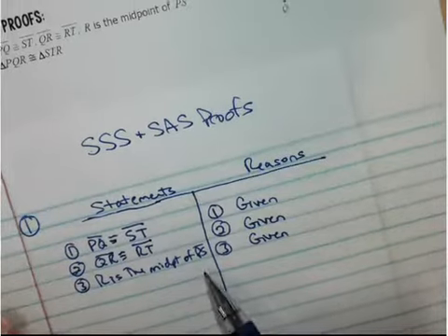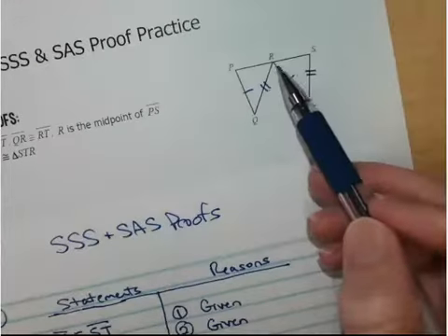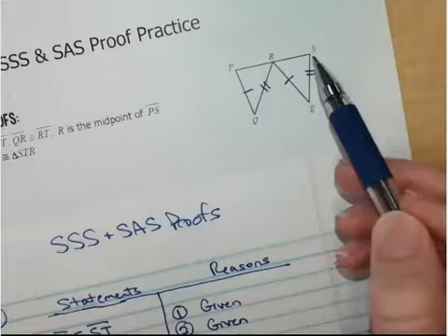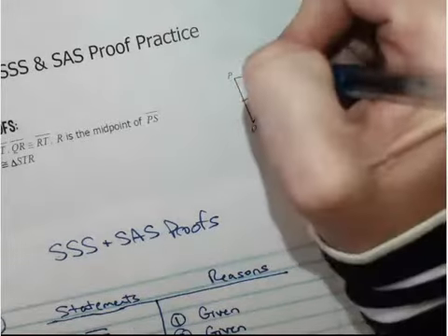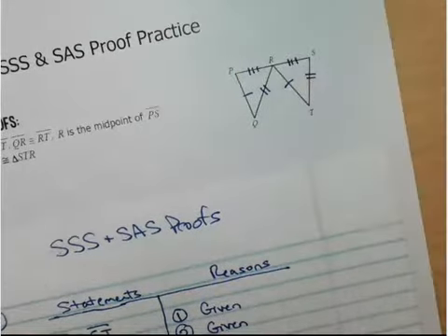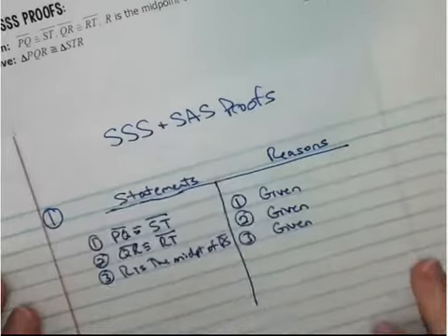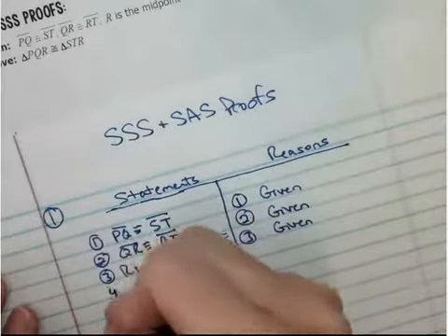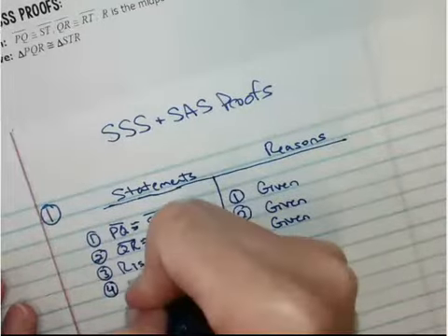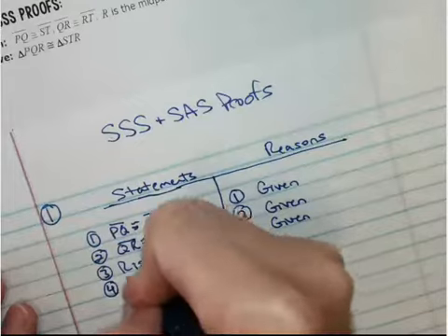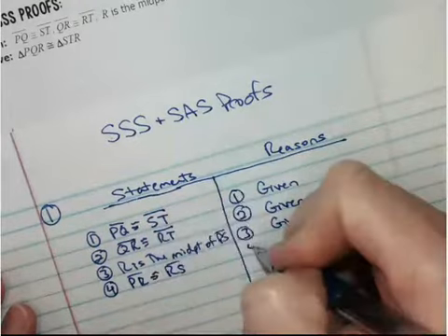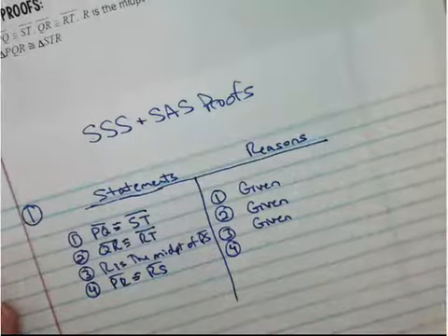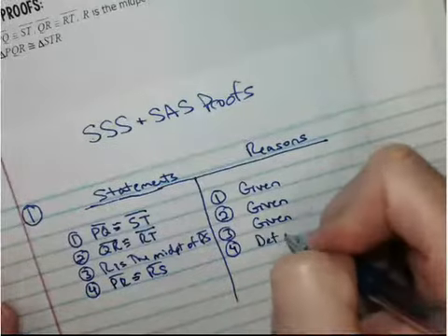And the definition of midpoint says that if R is the midpoint of PS, then I can say that PR is congruent to RS. So now I just simply need to write that. So I'm going to say PR is congruent to RS, and my reason for that is going to be the definition of midpoint.